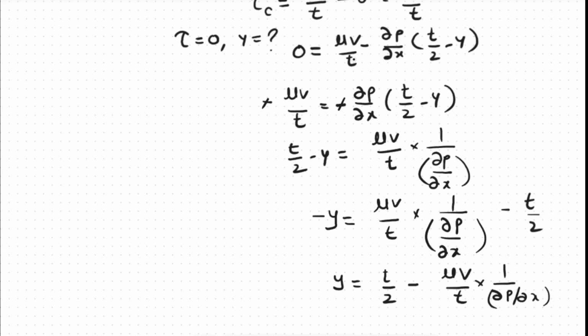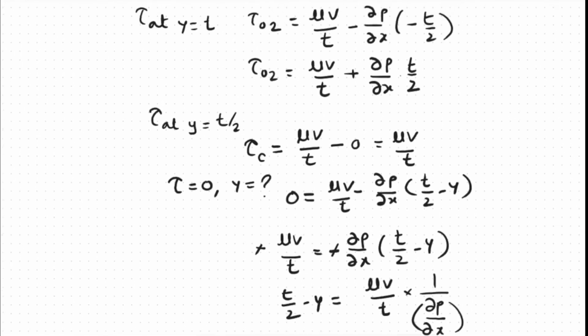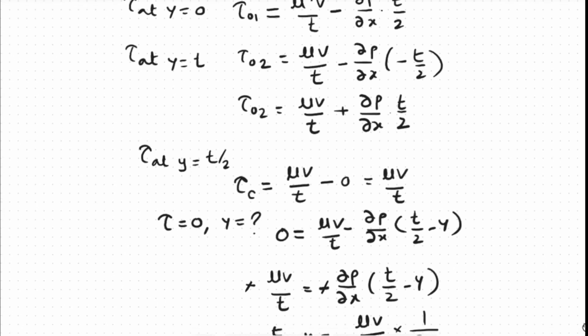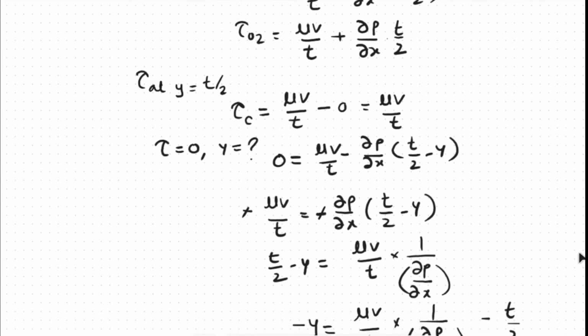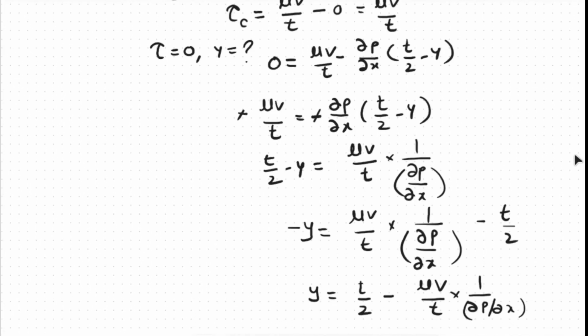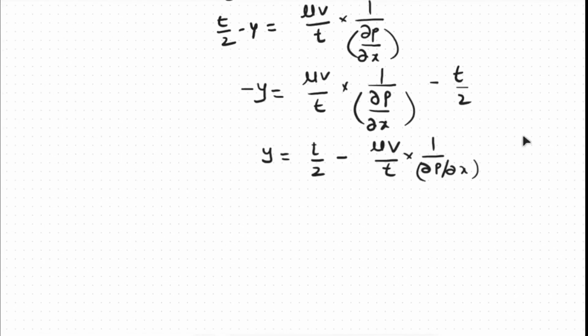So taking this mu V by t to the left hand side, I'll get mu V by t equal to delta p by delta x into t by 2 minus y. So this is the relation for y. So at this value, the tau will be equal to 0.